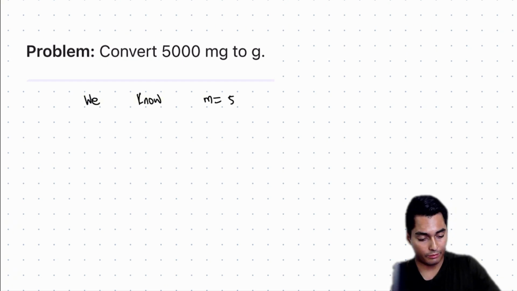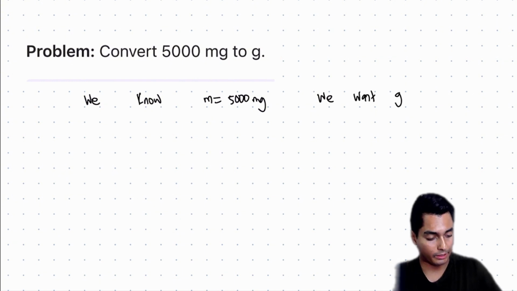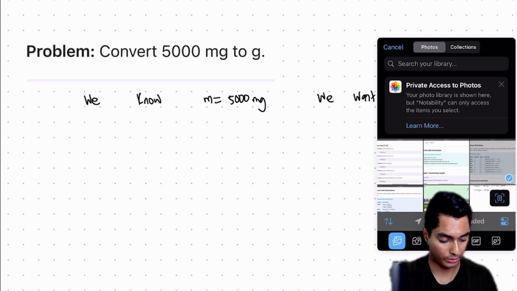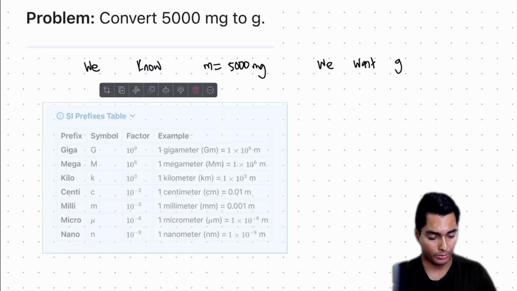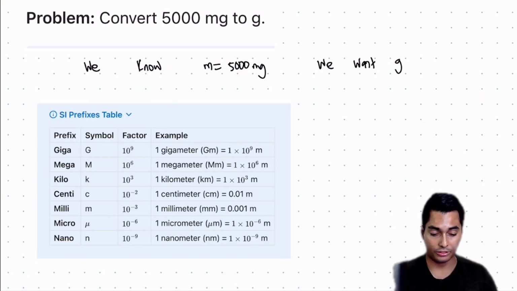Mass is 5,000 milligrams, but we want grams. Okay. So based on the last one, I'm going to go ahead and just directly pull down my conversion sheet. So the more times you do this, then the easier it's going to get. Okay.